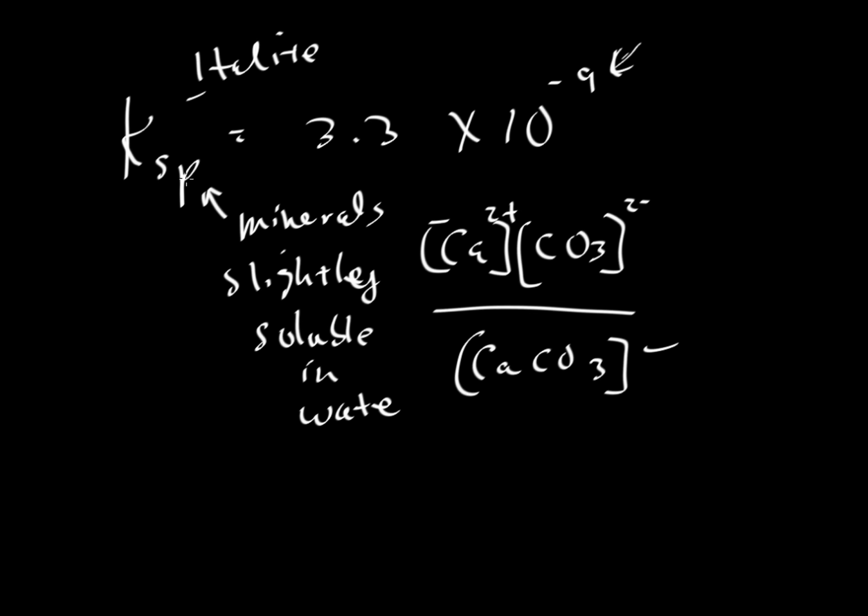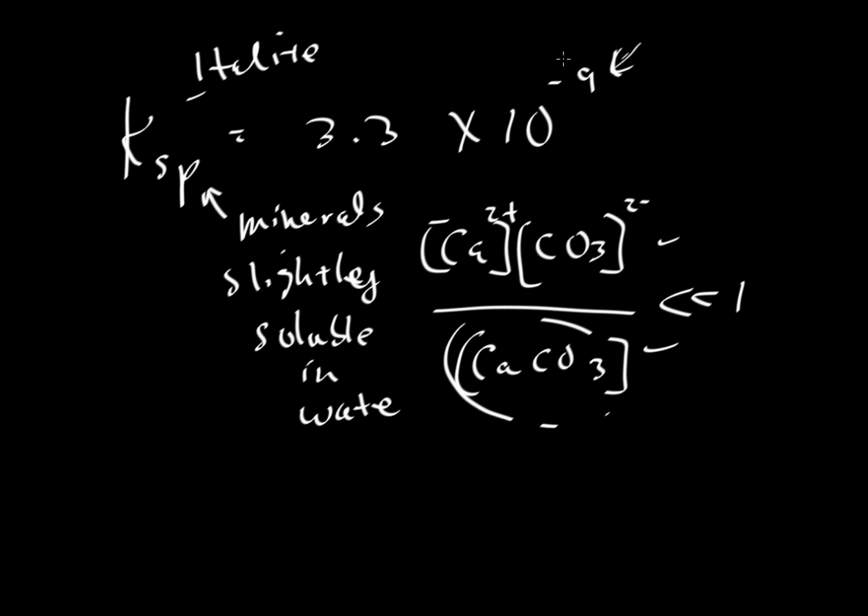And just to finish up here, we've shown that the amount of calcium and carbonate here must be very low, right? This is much, much less than 1, so most of the calcium carbonate is here in this denominator.